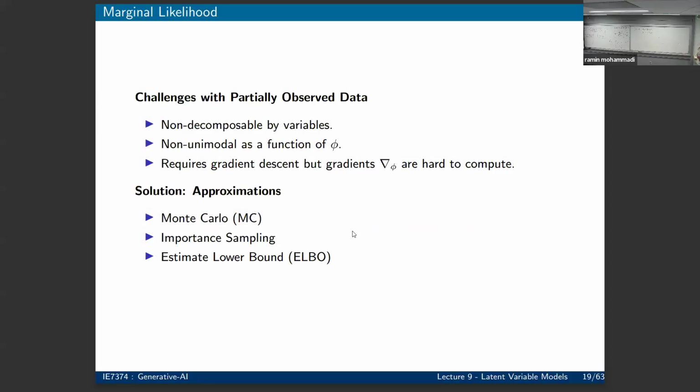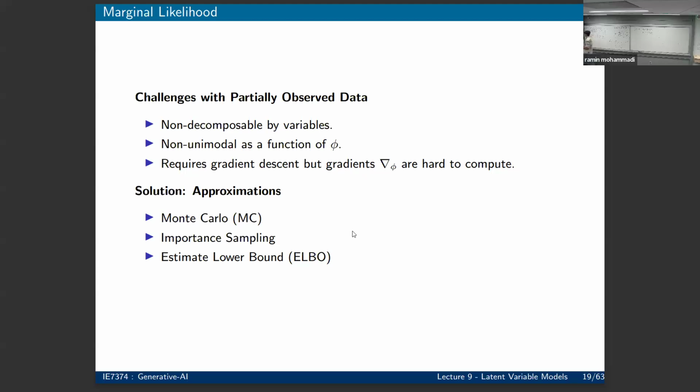So there are some challenges with partially observed data. The first one is that they are not decomposable by variables. What does that mean? Because you haven't seen the latent variables, you cannot break down these images with respect to those variables, because they are unknown.